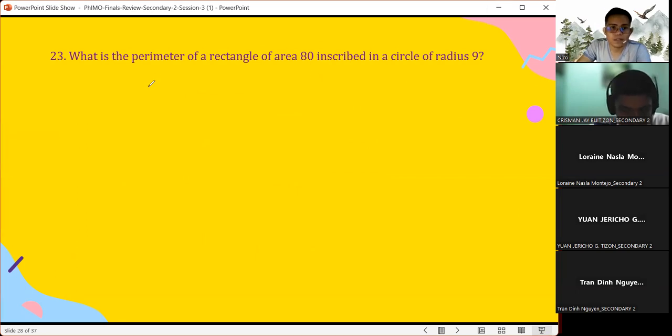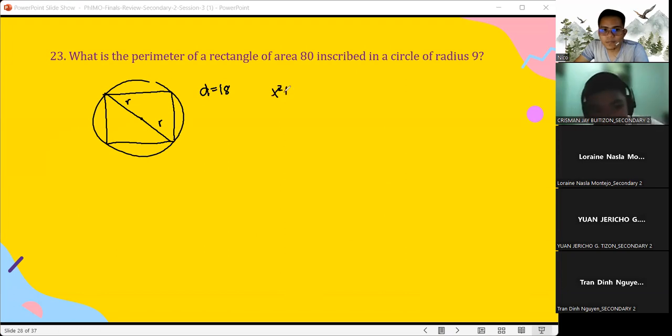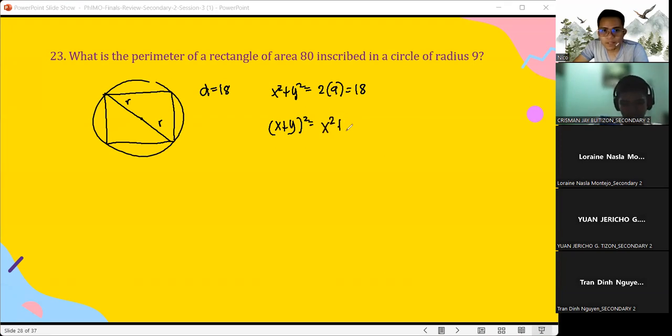So this is a circle, then this is a rectangle here. So if this is 9, then that one here is 18, right? So x squared plus y squared is equal to 2 times 9, which is 18, right? So x plus y squared is equal to x squared plus 2xy plus y squared.